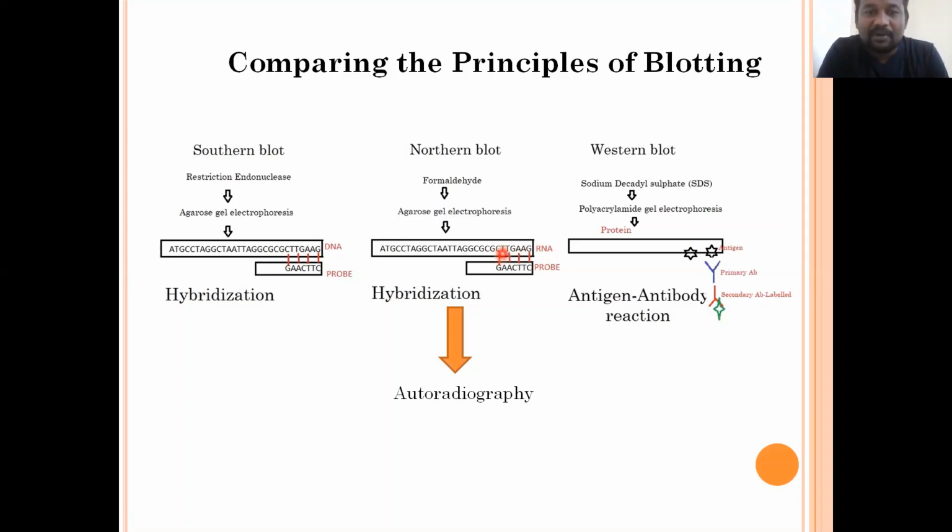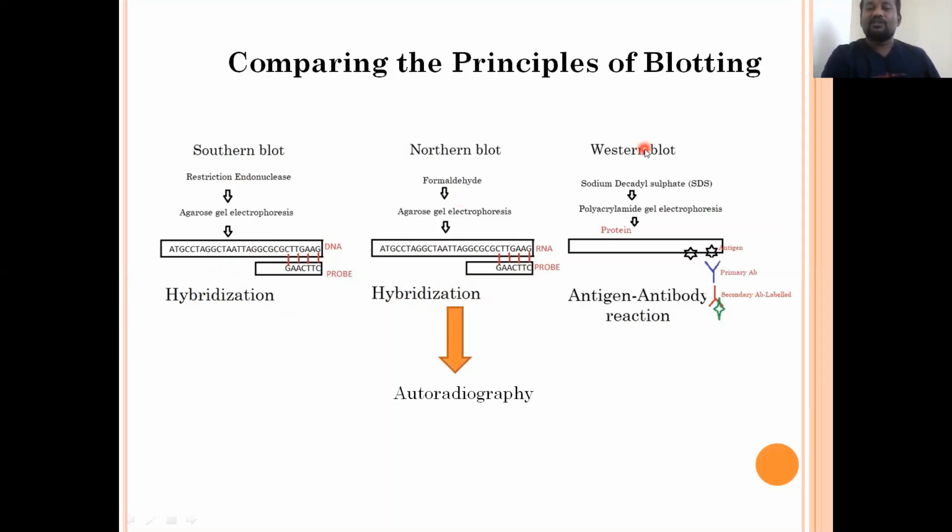The same thing happens in the Northern blot as in the Southern blotting technique. In the Northern blot also base pairing happens and hybridization occurs. In Southern blot we have a hybridization product of DNA-DNA hybrid. In Northern blot, an RNA-DNA hybrid will form.